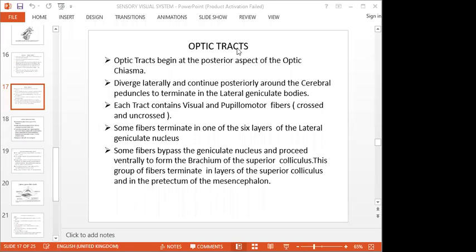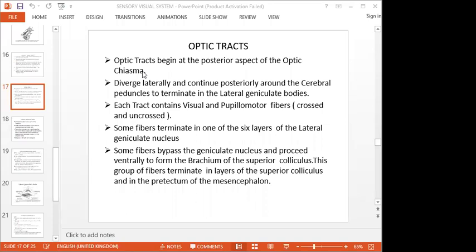Okay, we'll continue. Optic tracts begin at the posterior aspect of the optic chiasm. The crossing bit where they cross is the optic chiasm. After crossing, from there you talk of optic tracts. Before crossing, you are talking of optic nerves.